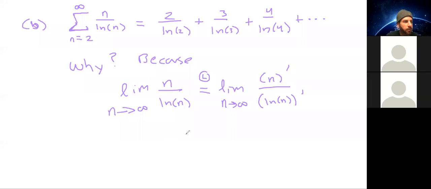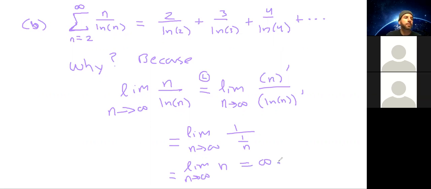So this becomes the limit as n goes to infinity of 1 over 1/n, which is the limit of n, which is clearly infinite. So these terms are getting bigger and bigger. There's no way that this thing is going to add up to some finite number.